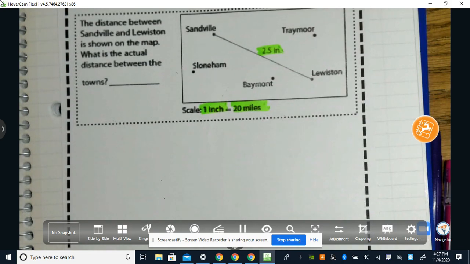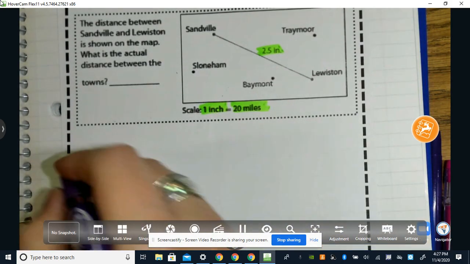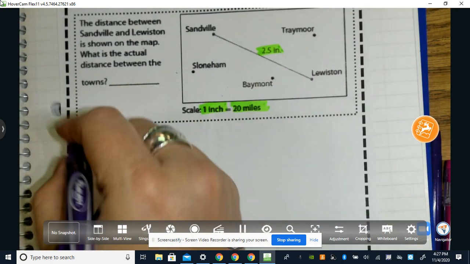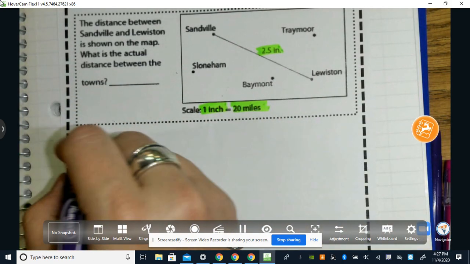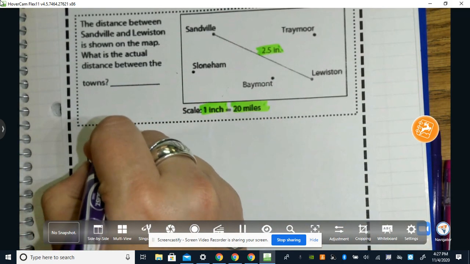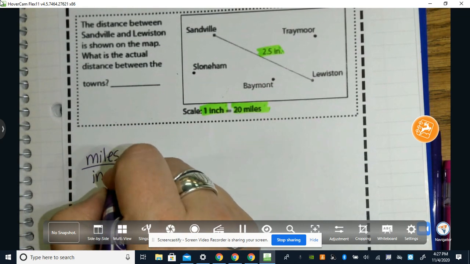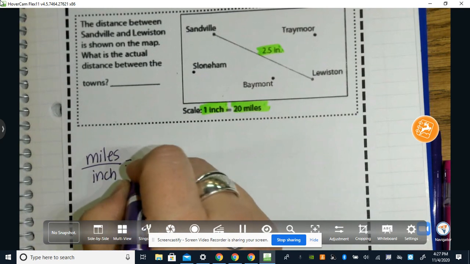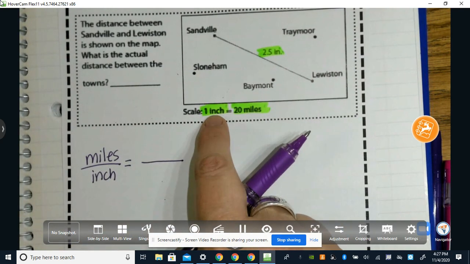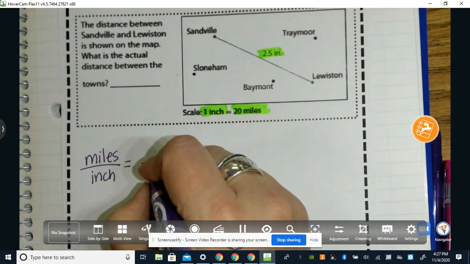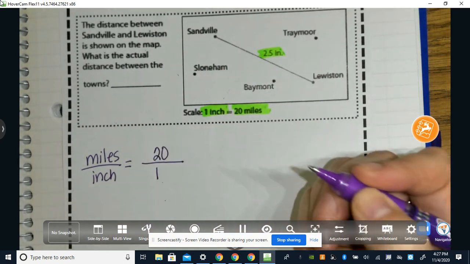Again, we can set it up with our words, what we know and what we don't know. So I'm comparing miles and inches. My scale factor right here says that 1 inch is equal to 20 miles.